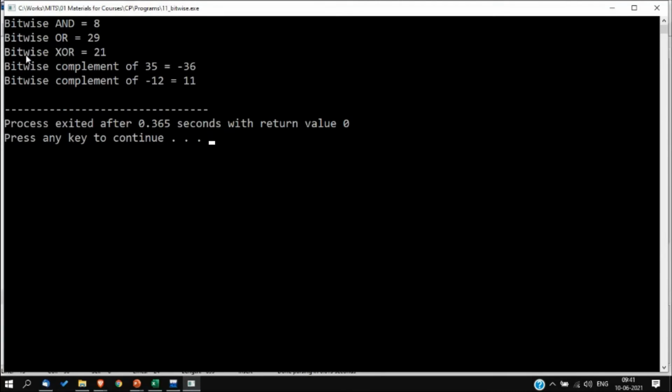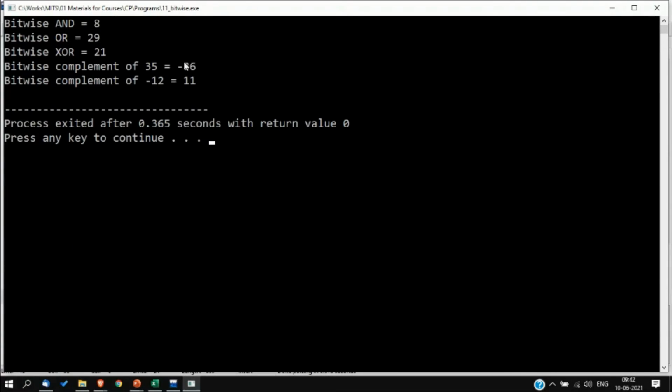It is the same. Then bitwise XOR is 21. But here the bitwise complement of 35 is minus 36, while in our case it was 220. So how did this value change? The bitwise complement of minus 12 is 11. That is also a difference.